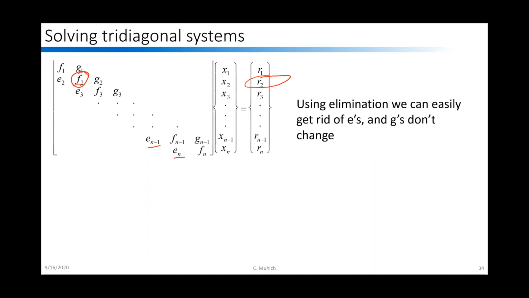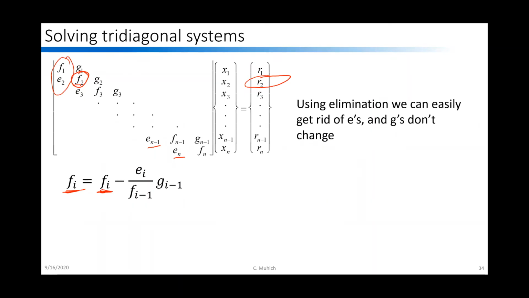Remembering back to Gaussian elimination, any of those diagonal elements is going to be what was there originally minus E over F of i minus 1.